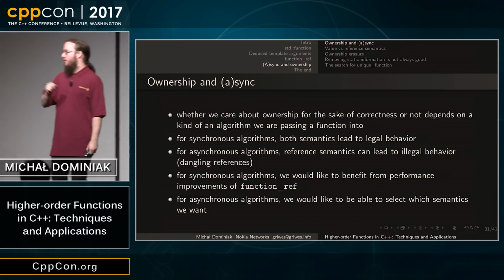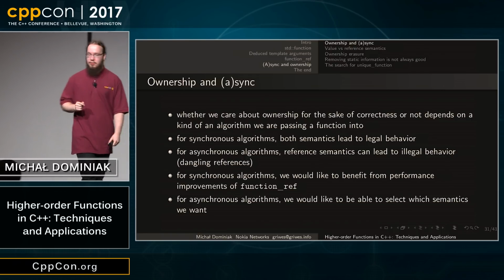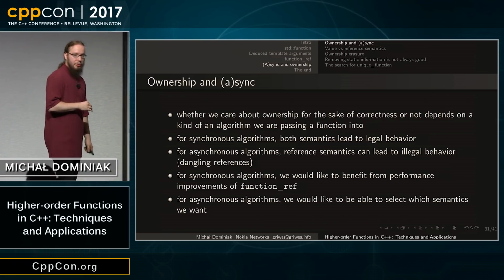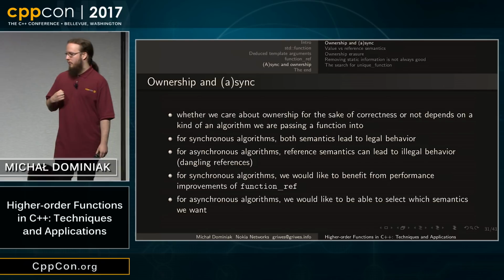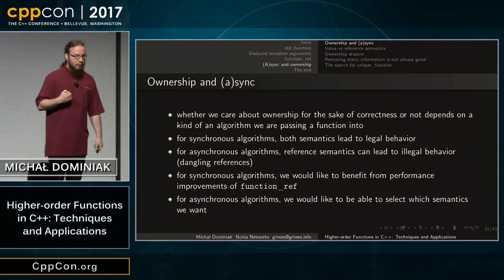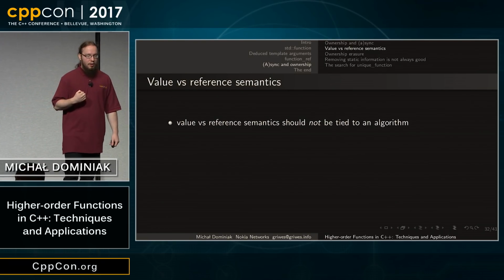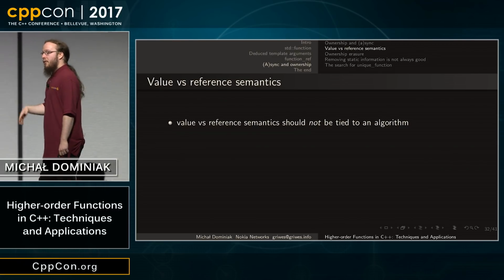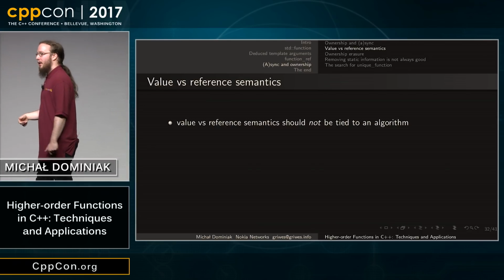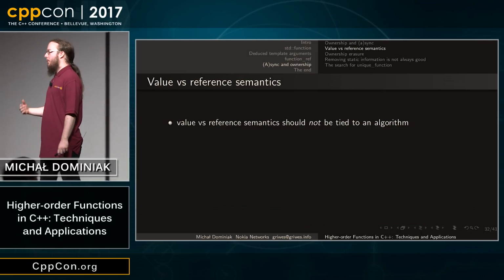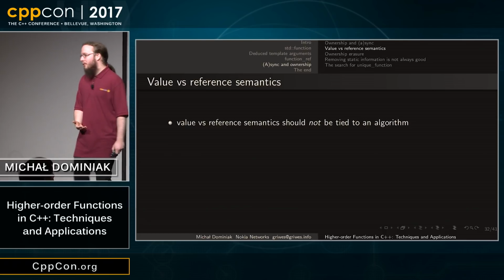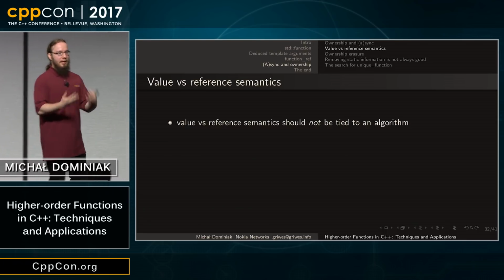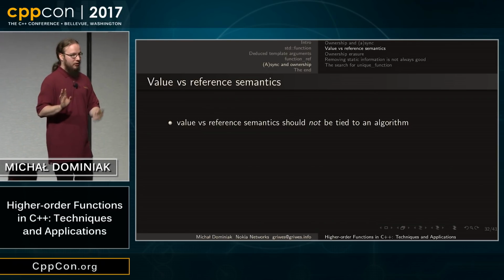We know how long the object we are passing in is going to live. So it would be better if we could make the decision. So I propose that the decision of value versus reference semantics should not be tied to the algorithm itself. It should be tied to the way the algorithm is invoked. That is my ideal way to write code that takes functions and other contexts too.